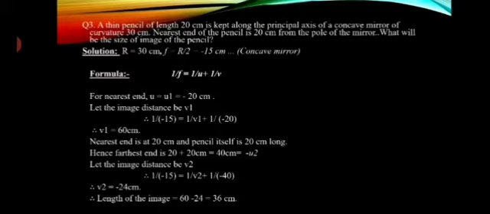For this we'll consider the image distance to be v2. Again we'll substitute in the above formula and we'll get v2 as minus 24 centimeter. Now we have got the image distance for the nearest end and for the farthest end. So we'll subtract the two and we'll get the final size of the image, which comes to be 36 centimeters.